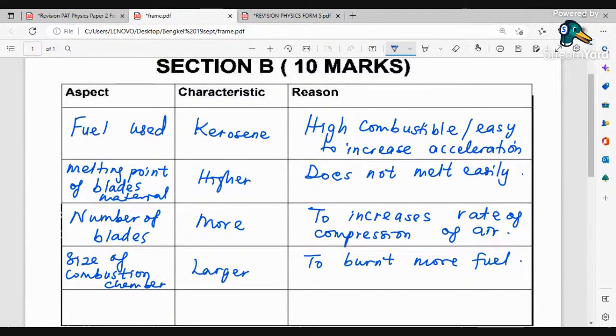Or to increase the mass of hot gases released out.